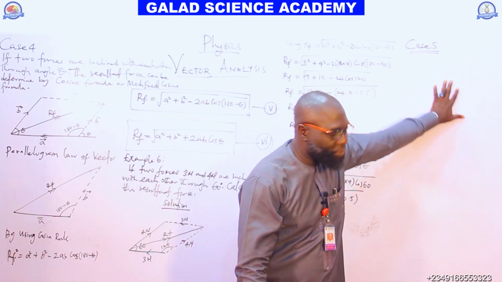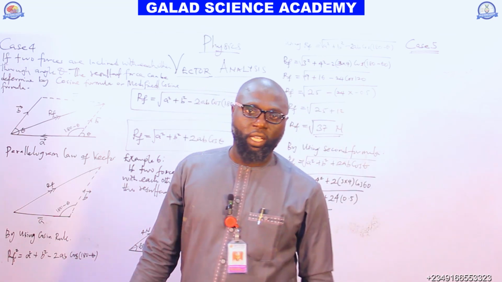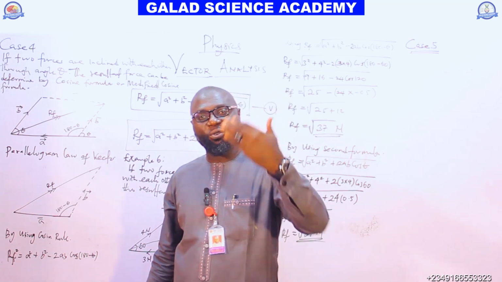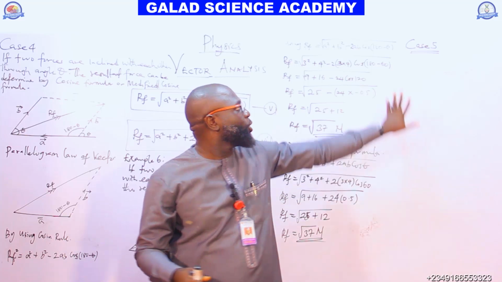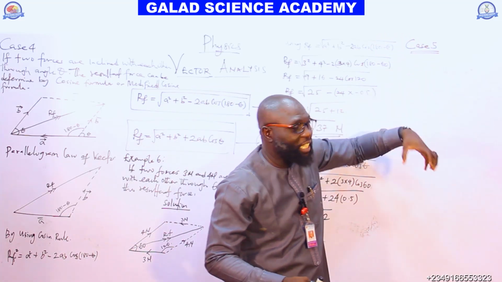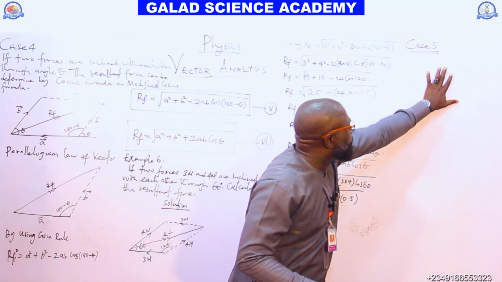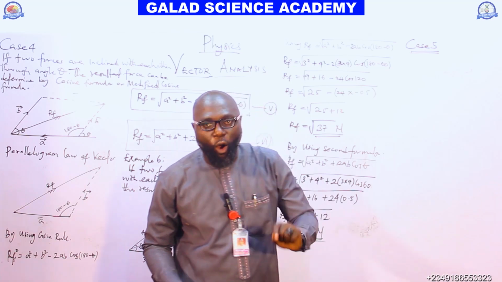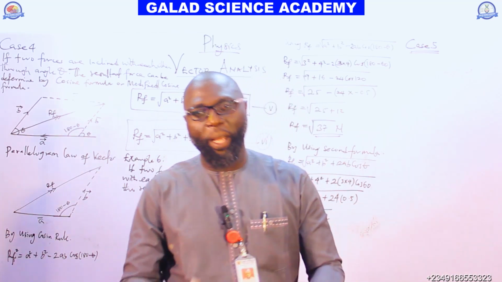But case 5 is more than 2 forces, maybe 3, 4, 5, up to 10 or many. If 2 or more forces are present in a system or a body, we apply resolution of forces or the analytical method.